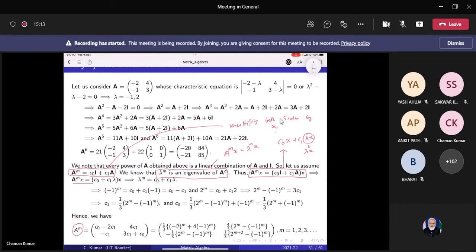So you get C0 x plus C1 lambda x. You can take this x outside, so you get (C0 plus C1 lambda) x.